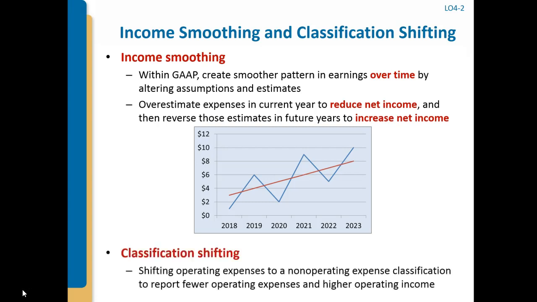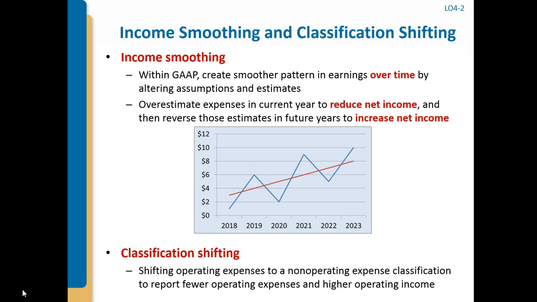So, for example, in a year when income is high, managers may create reserves by overestimating certain expenses like future bad debts or warranties. And these reserves reduce the reported income in that current year. Then in later years, they can use those reserves by underestimating expenses, which will increase reported income.